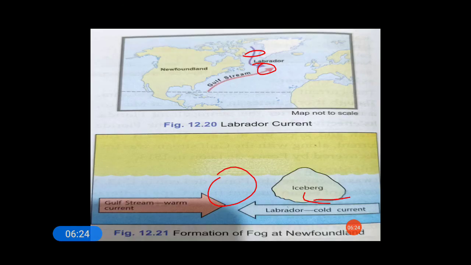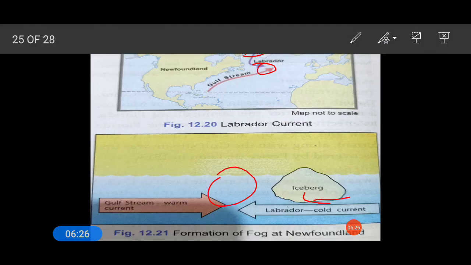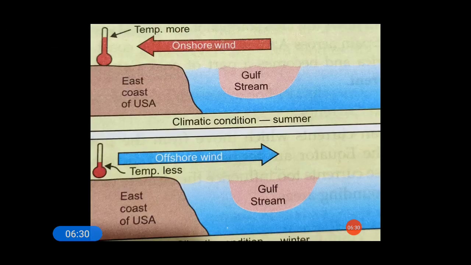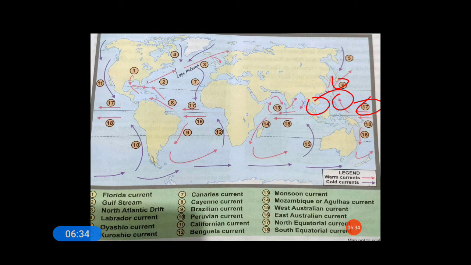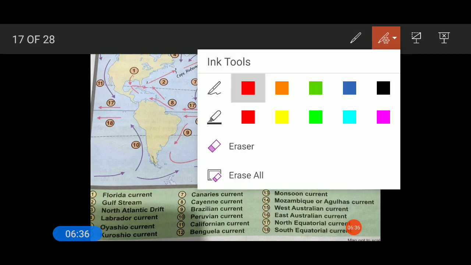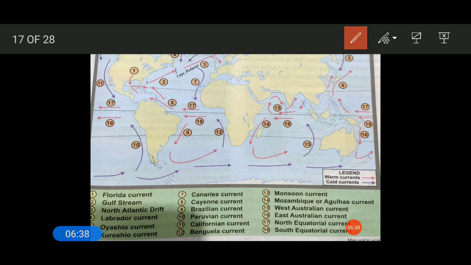You can see here itself. Look at this map here. Here it bifurcates into two divisions.